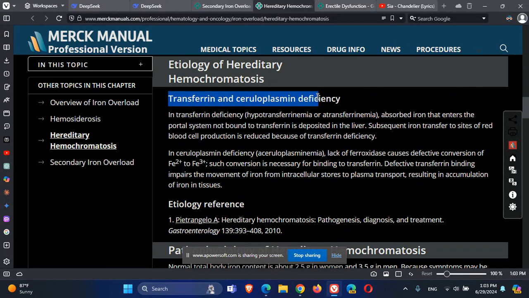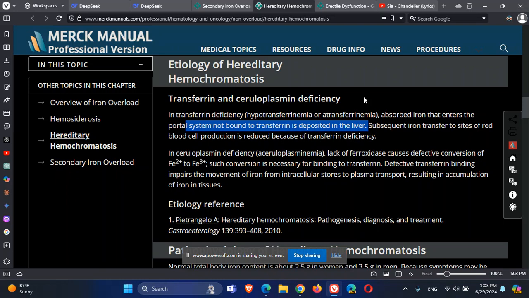Okay, now transferrin and ceruloplasmin can be deficient. Transferrin is important to take the absorbed iron and transmit it to the tissue it should be in.